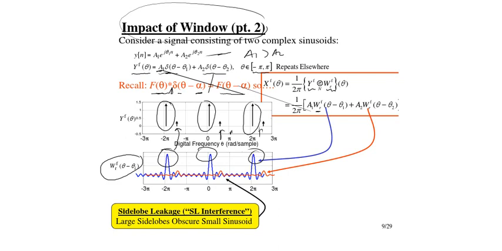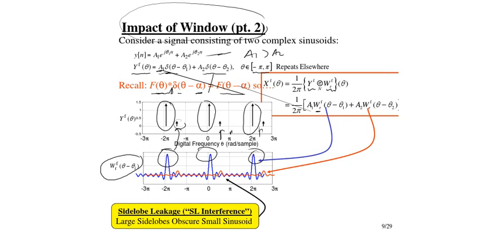So when we are finding the spectrum of any given signal, we are interested to find the two distinct frequency components. But here, since A1 is much higher than A2, the frequency content of the second signal is kind of smearing or hiding behind the side lobes of the first signal, right?